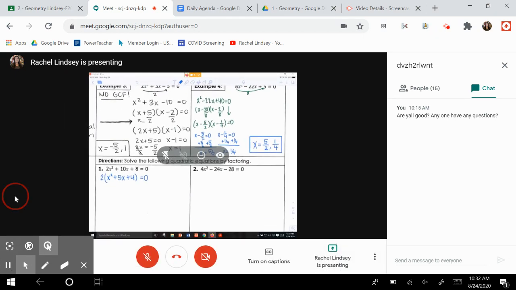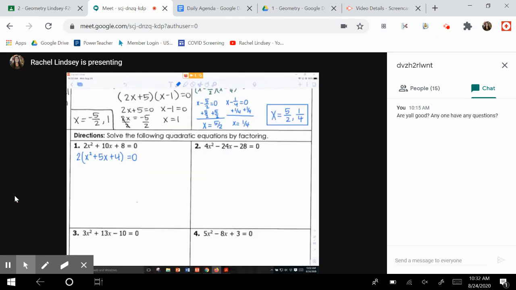Since I don't have to do slide and divide, I'll just factor it. What two numbers multiply to give you 4 and add to give you 5? 1 and 4. Now I can do zero product property, just set both of them equal to 0. Set the 2 equal to 0 too, but since 2 equals 0 is not true, we just don't use it.